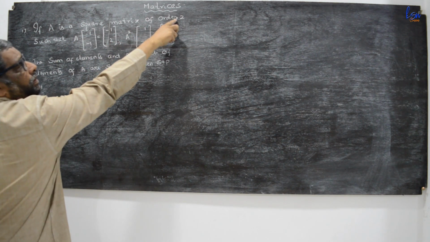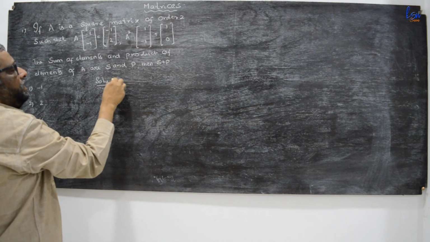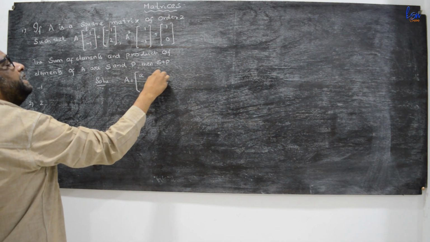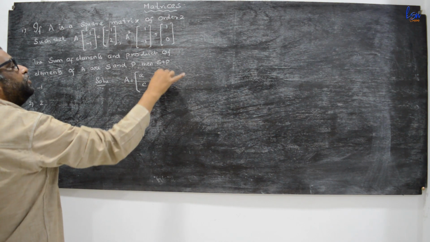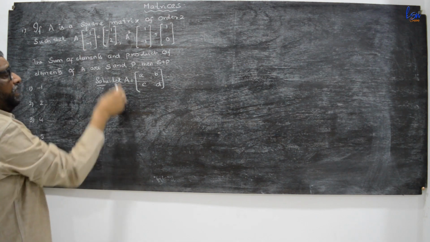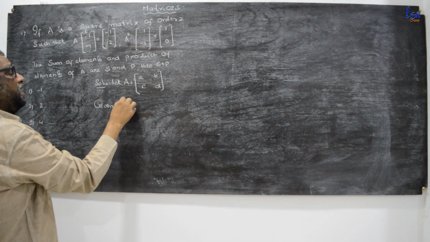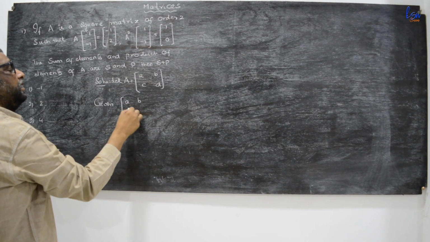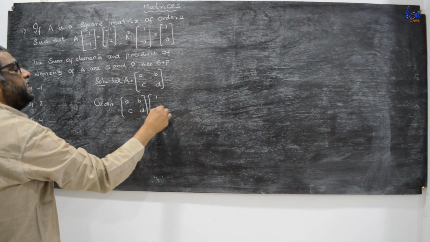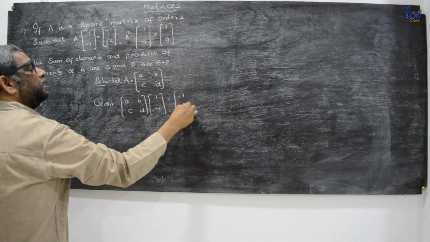A is a square matrix of order 2. A is a 2 by 2 matrix, so let us take A as the matrix with entries a, b, c, d. Given A into (1, -1) is equal to (-1, 2).